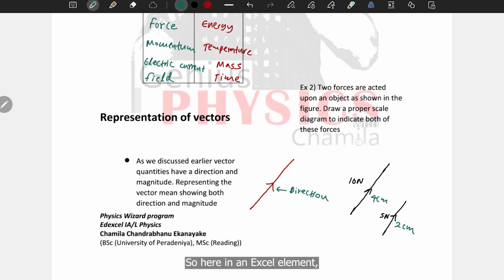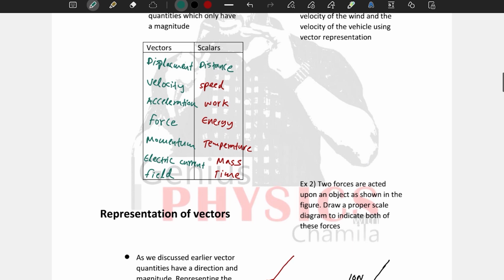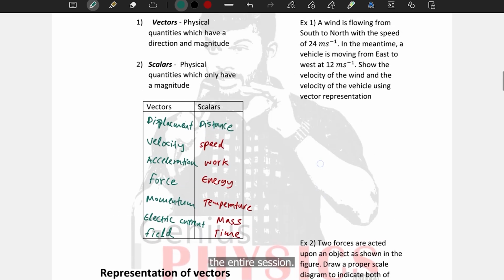Here in Edexcel IAL levels, scale drawings play a vital role because most of the time we draw scale diagrams to find a resultant of a vector system or to indicate vectors. So I encourage and urge you to keep a ruler and a protractor with you throughout the entire session.